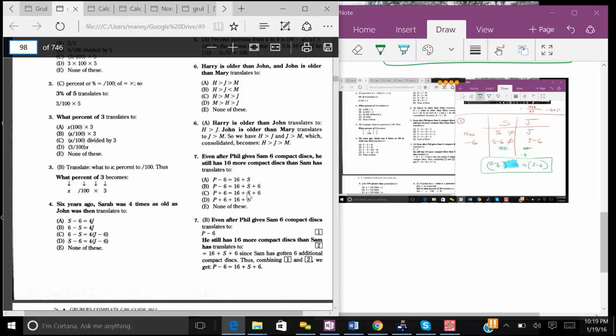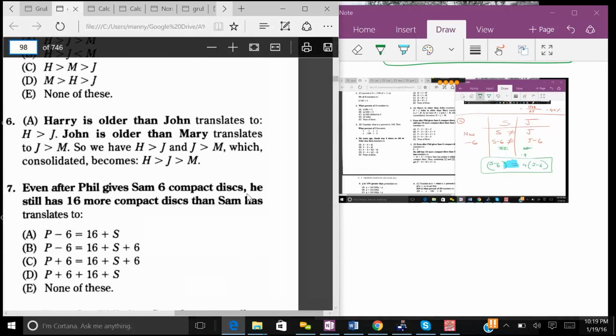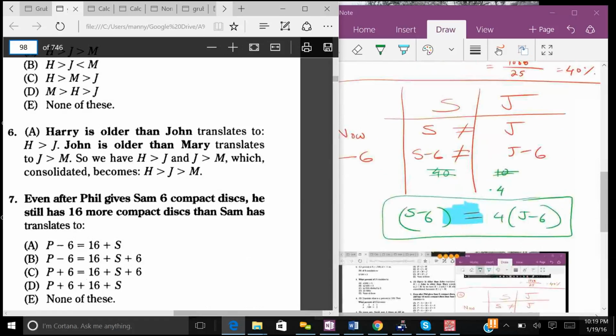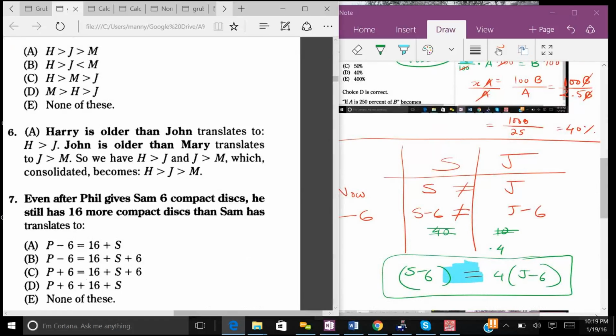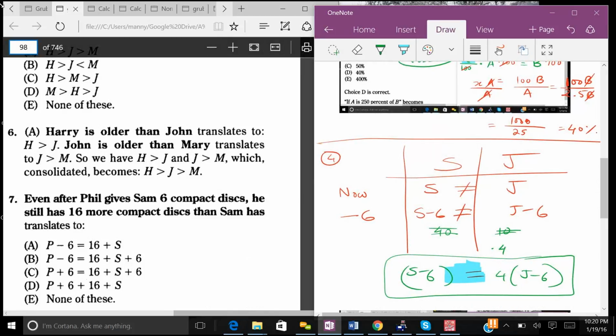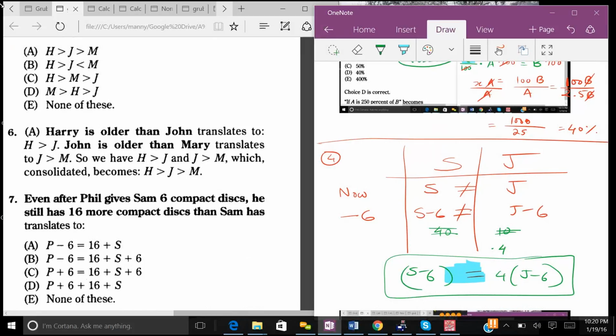Okay. Question number 7. Can you try to do it first, looking at the notes I did here? Just try it on your paper and tell me what answer you get, and I can tell what you're thinking.